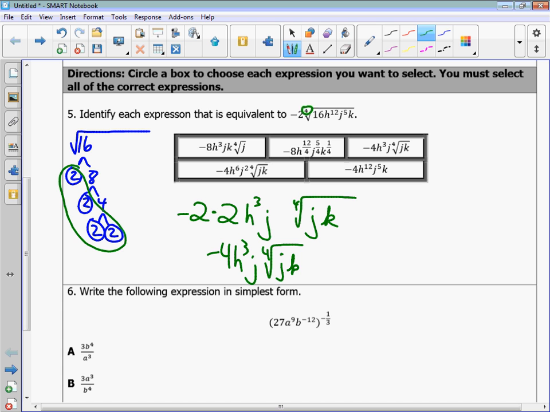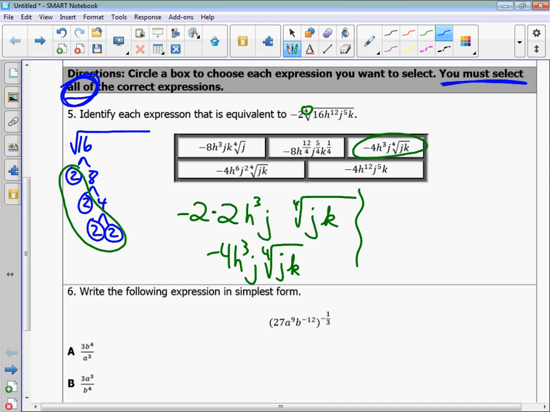So we're matching it up with the answer, and this is the 3rd answer choice. And also, if you look at the directions, it says circle a box and choose each expression you want to select. You must select all of the correct expressions.